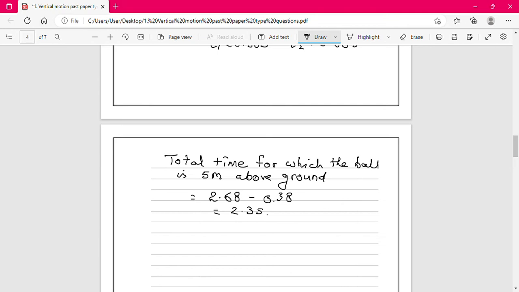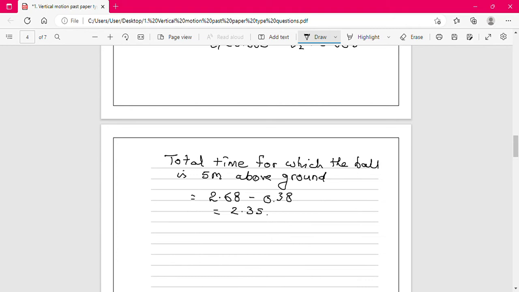Since at 0.38 seconds from the starting of the journey, it first crosses the height of 5 meters, goes to the maximum height, and comes back to the height of 5 meters at 2.68 seconds. So, the difference between these two timings is the time for which the ball is 5 meters above the ground.